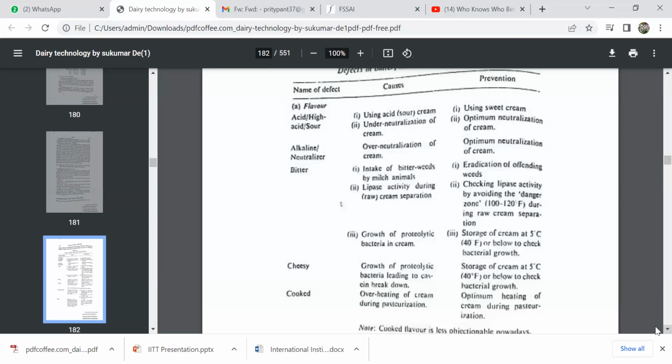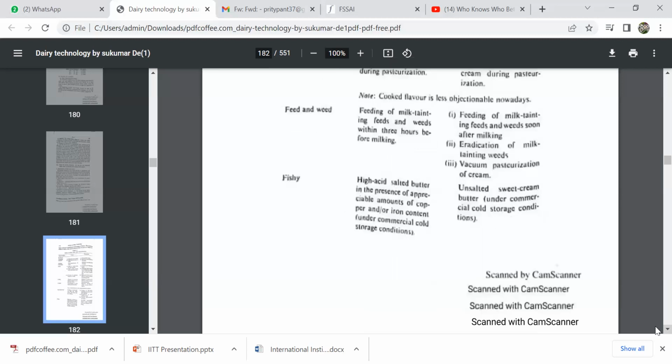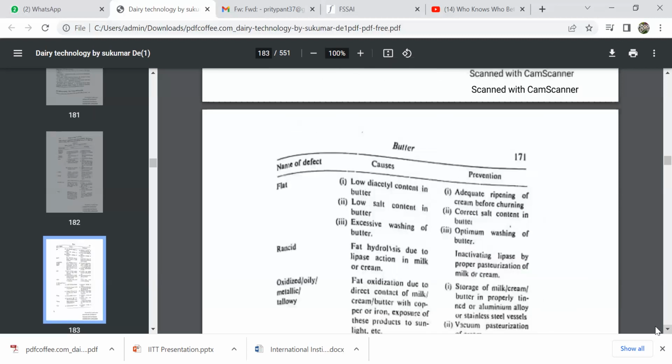Next flavor defect is fishy, due to high acid salted butter in the presence of appreciable amount of copper or iron content. तो इसके लिए क्या करेंगे? The prevention is unsalted cream butter under commercial cold storage conditions. ठीक है, तो this is to check the fishy flavor.